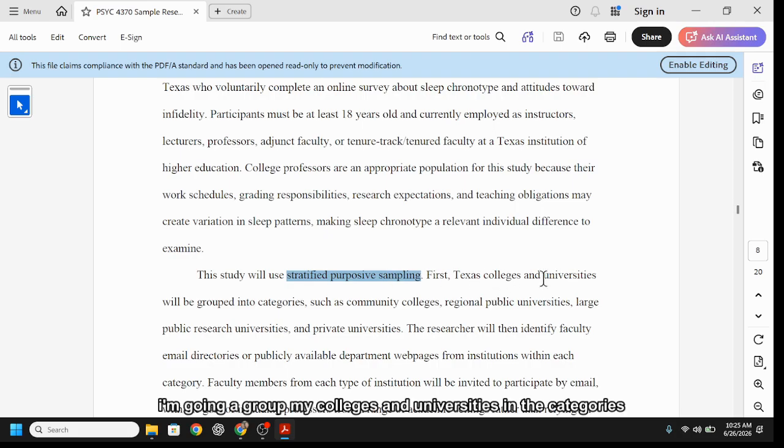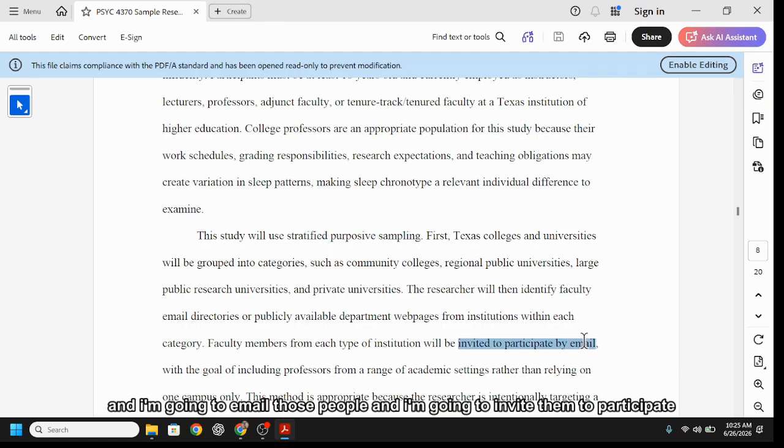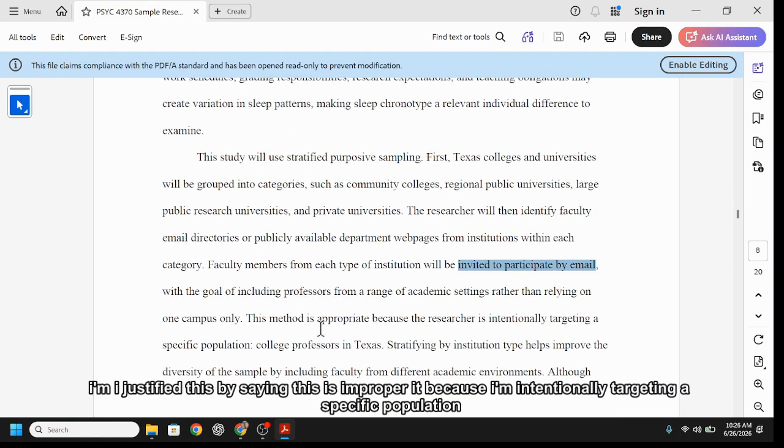I'm going to group my colleges and universities into categories, and then I'm going to identify a faculty email directory, and I'm going to email those people and invite them to participate, and from there it becomes voluntary.